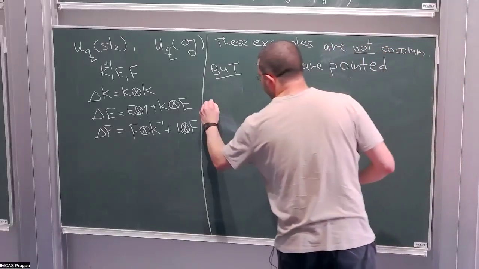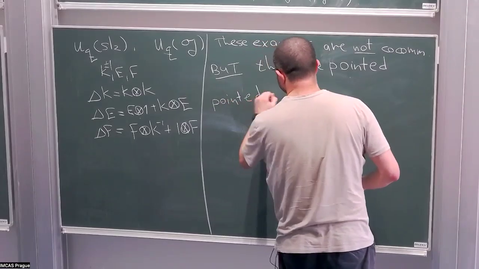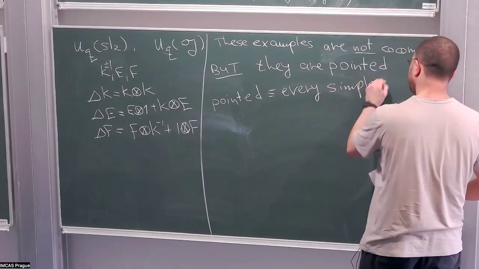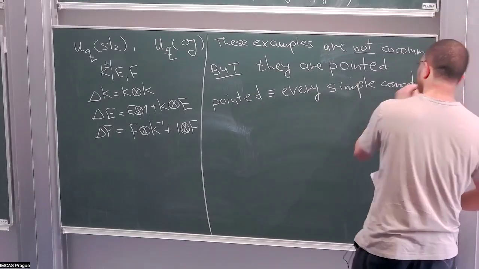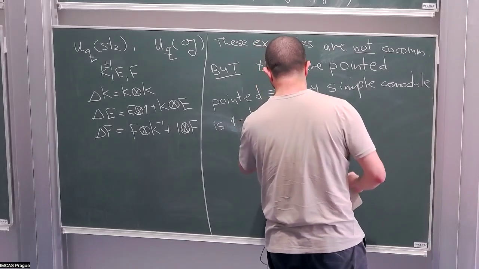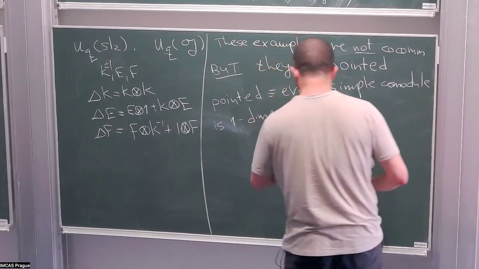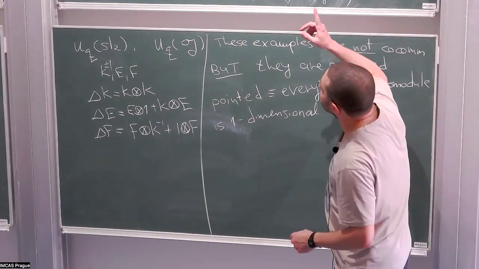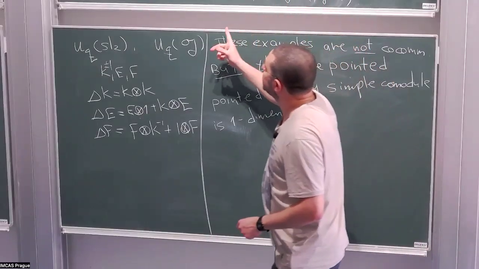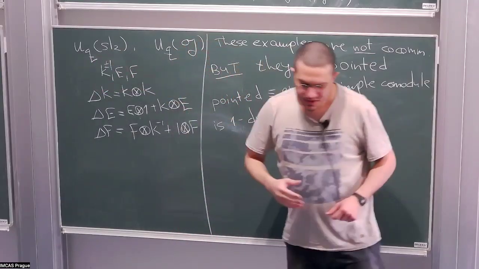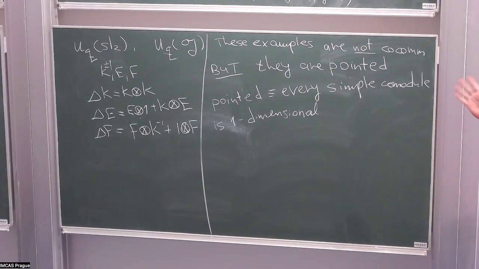And by pointed, I mean that every simple comodule is one-dimensional. And I should also say most of these examples are also finite dimensional, maybe with the exception of U_q(sl2) and U_q(g). However, if we take q a root of unity, then we can also think of the finite dimensional versions of these things.